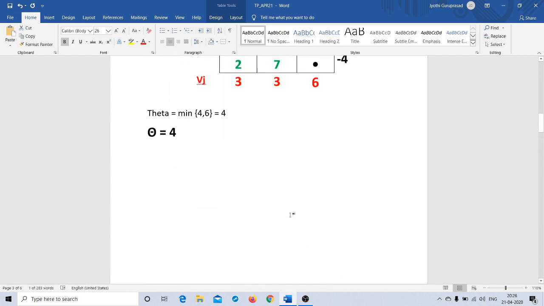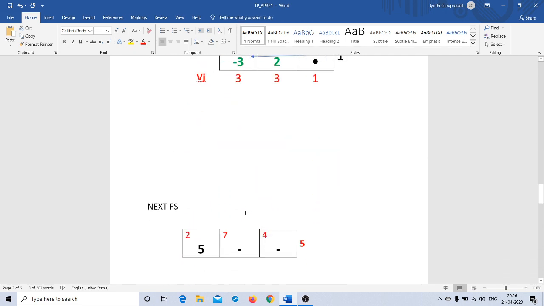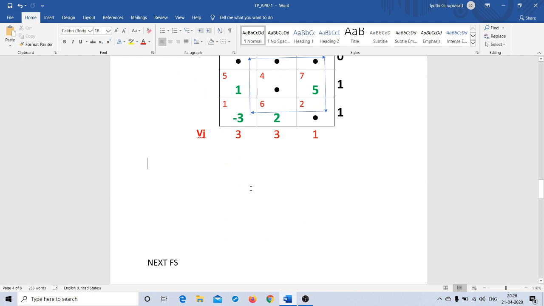Hence I am going to get the minimum value of theta, that is the minimum of 2 and 14, and that will be 2.